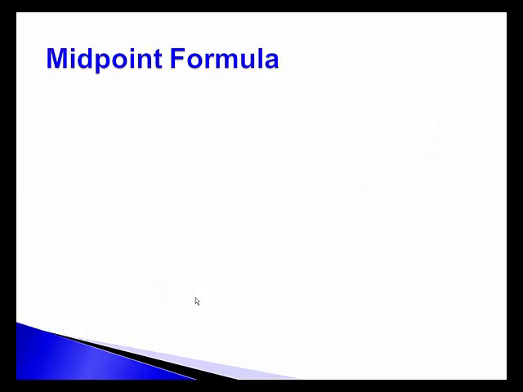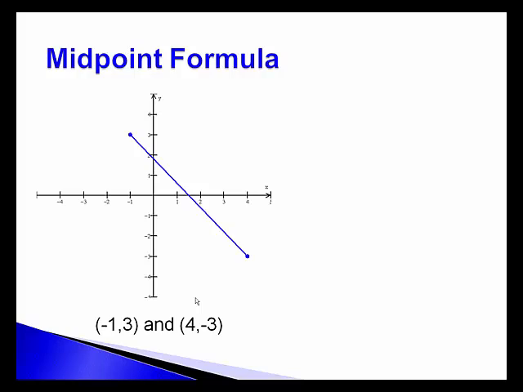The next thing we'd like to look at is the midpoint formula. Let's keep our same 2 points, (-1, 3) and (4, -3). But this time what we're looking for is a midpoint. I'm looking for the location, and it's somewhere right around in here, that is the middle of this line, the midpoint.